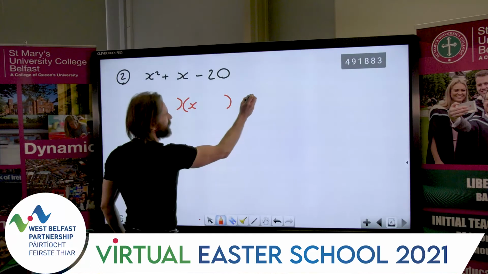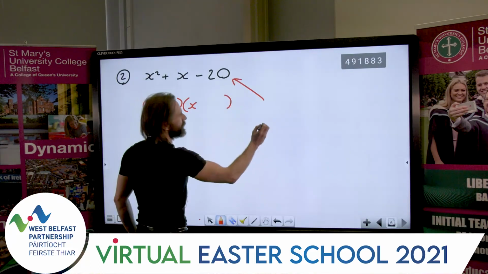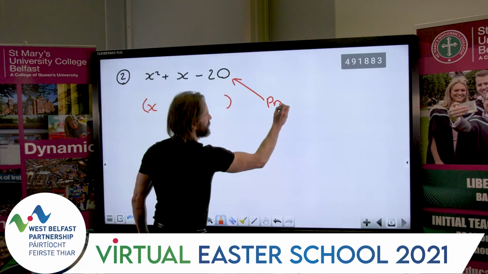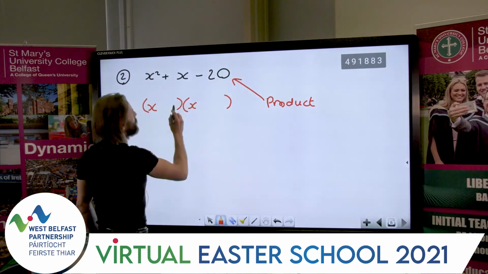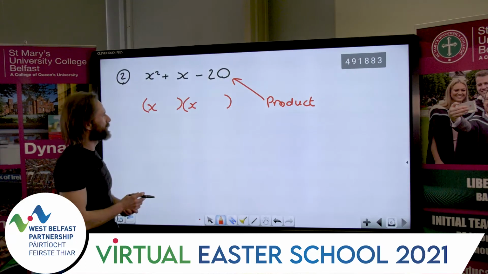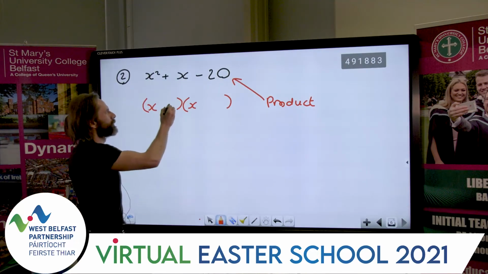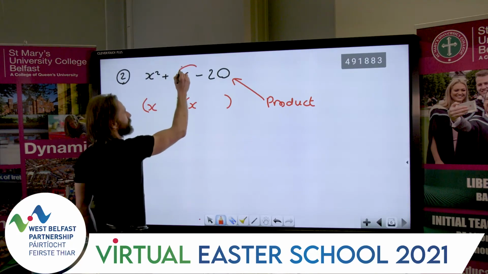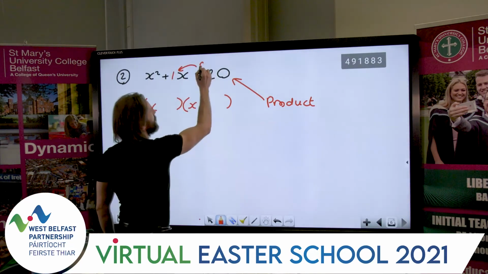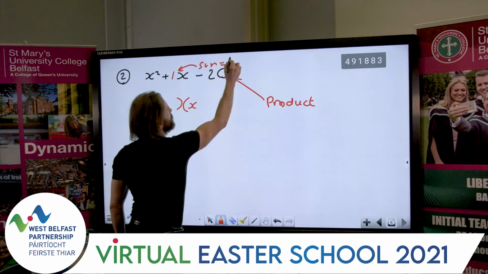We're still dealing with product and sum. So the term that's on its own here at the end, that's our product, and the coefficient of x is our sum. So that is a plus x. And we know from previous examples that plus x means plus 1x. There's an invisible 1 in that case. So the sum in this case is 1.